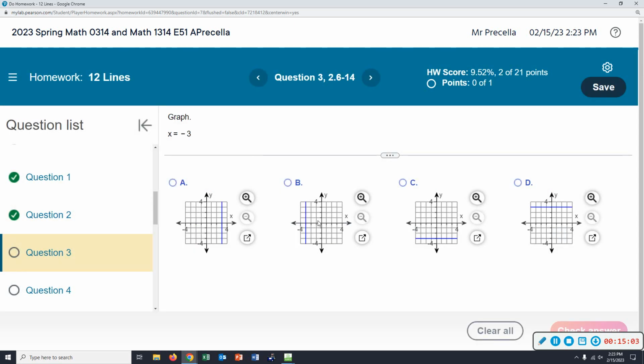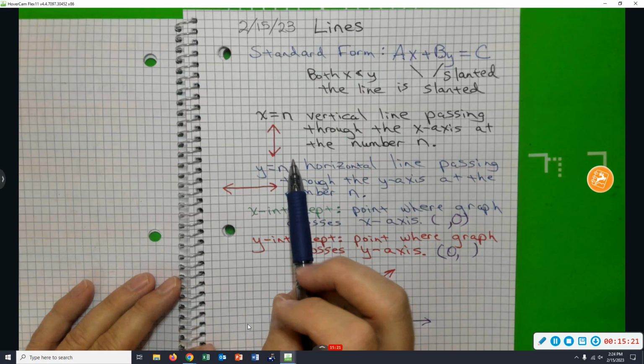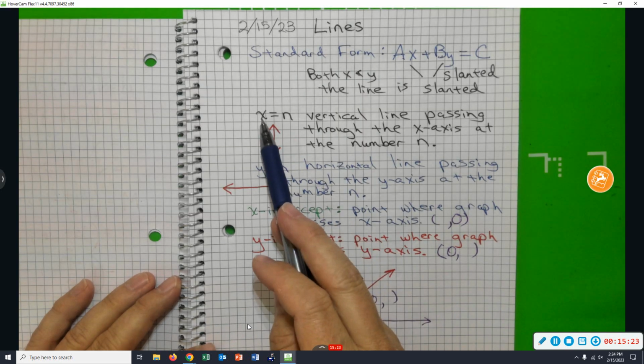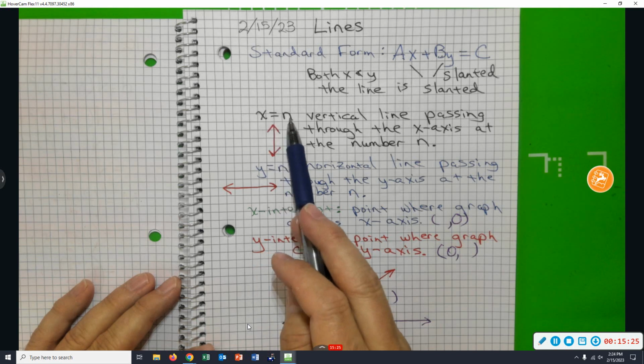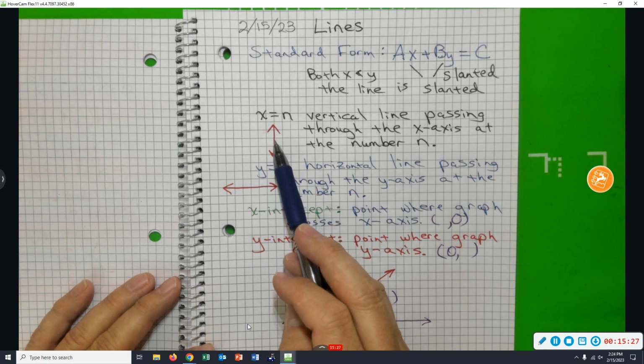Okay, number 3. Remember, I look at this equation, I notice something immediately. It only has one variable in it. Remember, if the equation only has one variable in it, it's one of the special cases. If you could write the equation in the form x equals a number, it's a vertical line.